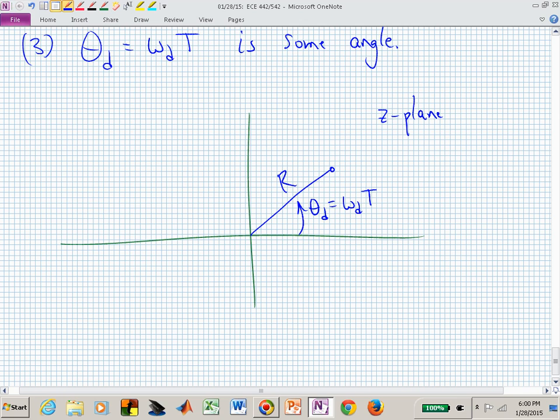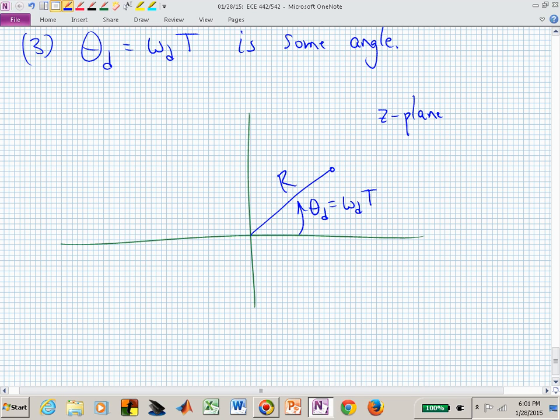It's not growing or contracting, is it? But what happens to the angle? If we were at 45 degrees, now we square it, where do we go? 90. We 3 times that, we go to 135. 4 times, 180. So that's telling us how we are oscillating in the time domain.